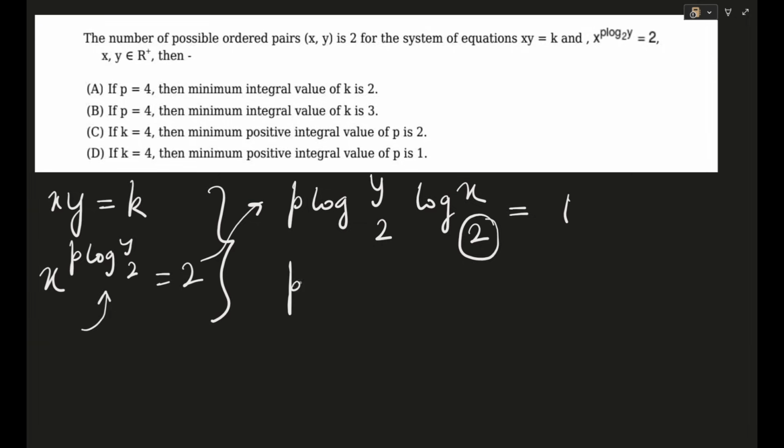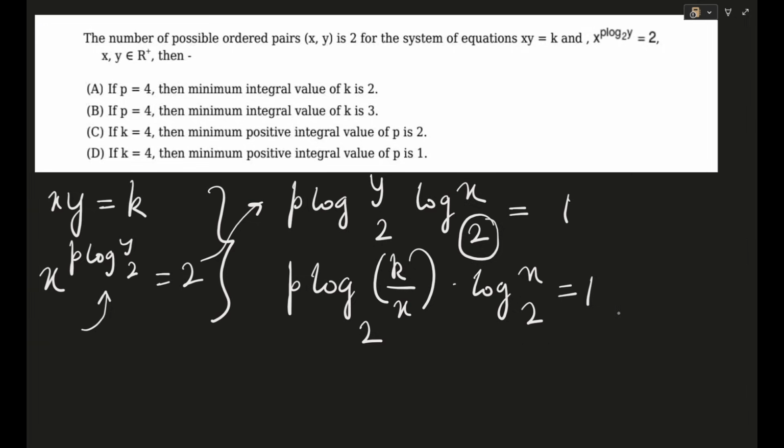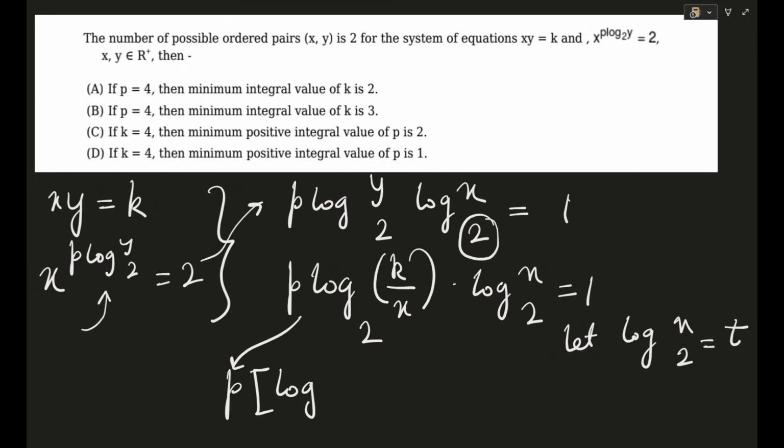Okay, so now we take p log y base 2, and from here y is equal to k by x. So I am putting this as p log of k by x base 2 multiplied by log x base 2 equal to 1. Now if we let log x base 2 equal to t, then we can transform this equation into p times log k base 2 minus t, multiplied by t, equals 1.